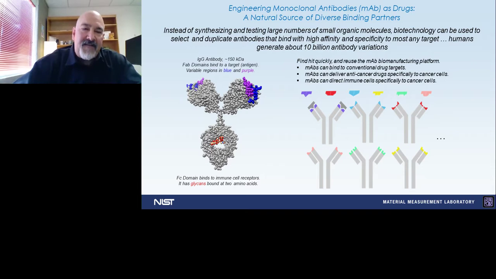And at the ends of the Fab domains are the places that bind to the antigen, whatever it is that the monoclonal antibody is targeting. Now, we talked about the fact that a big drug company might have 5 or 10 million compounds in their small molecule database, but an individual human can make over 10 billion different kinds of antibodies.